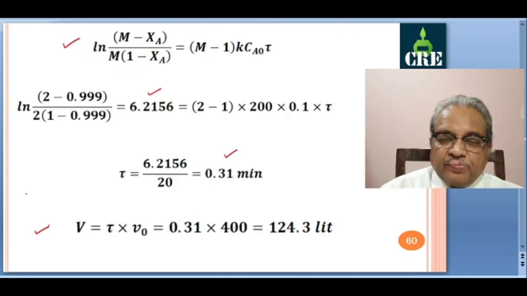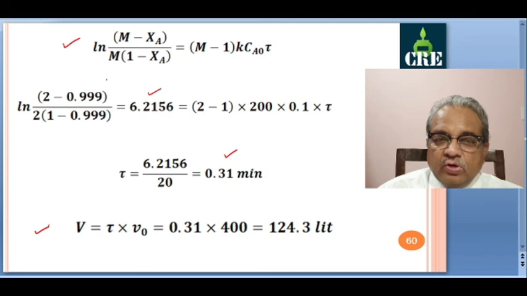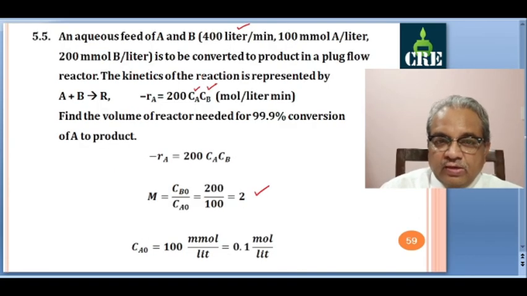which is required. Now this equation you can get from tau equal to Ca0 into the integral from 0 to Xa of dXa by minus Ra, and when you substitute minus Ra equal to k Ca0 into (1 minus Xa) into Cb0 (1 minus Xb), and then you know the relationship is 1:1, so Ca0 Xa is Cb0 Xb, for second order.